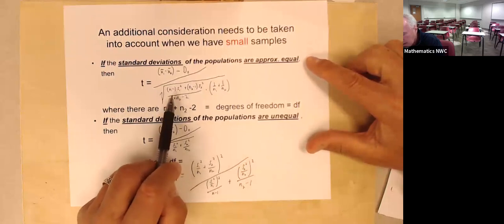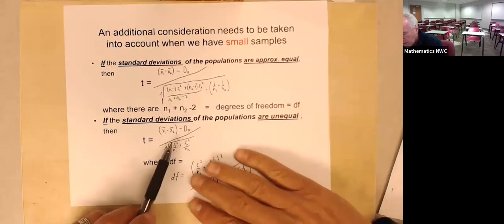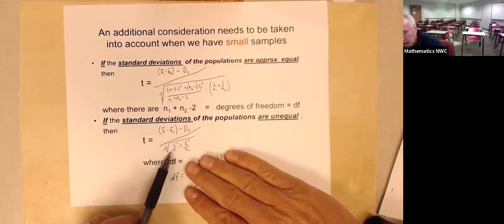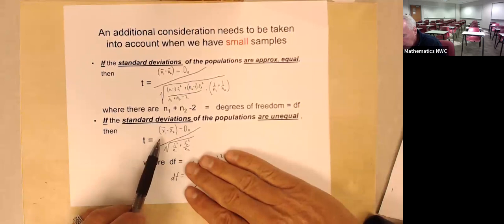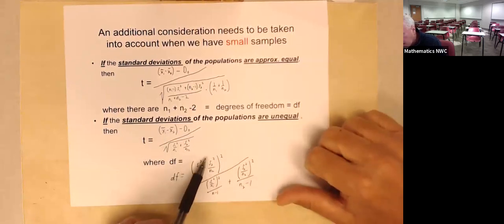Don't panic, don't write that down. You're not going to have to use that. If they're not equal, we have to go back to this formula, which looks like it's, and it is, exactly the same as the z.